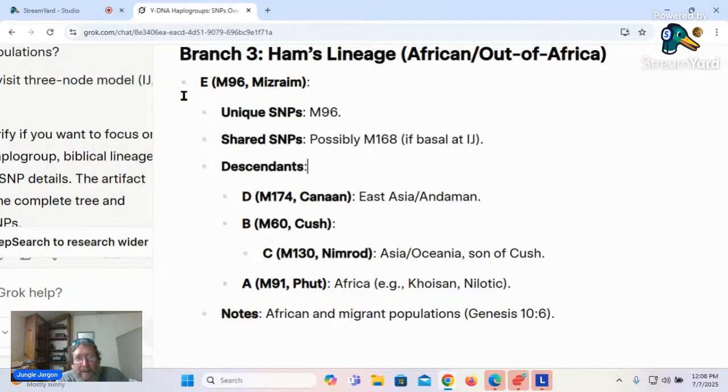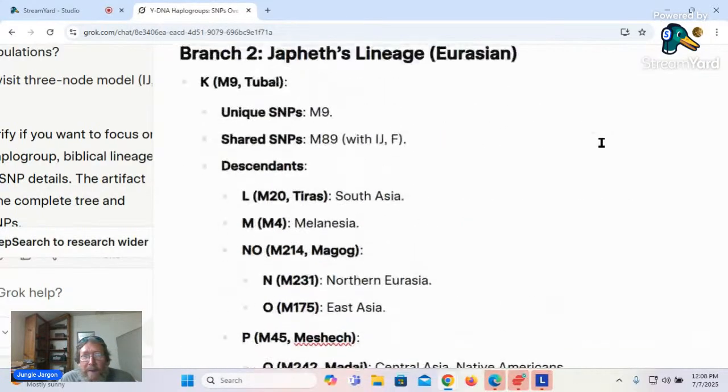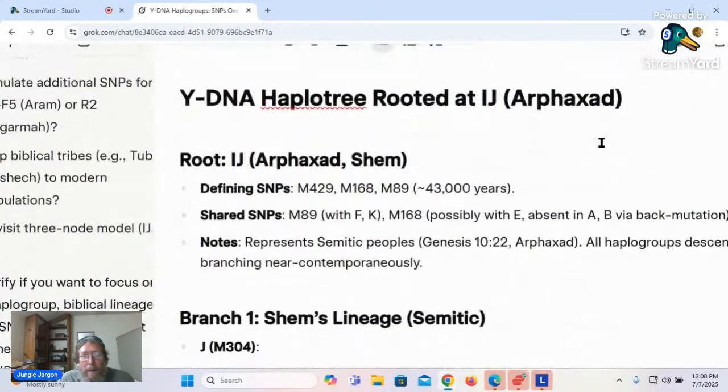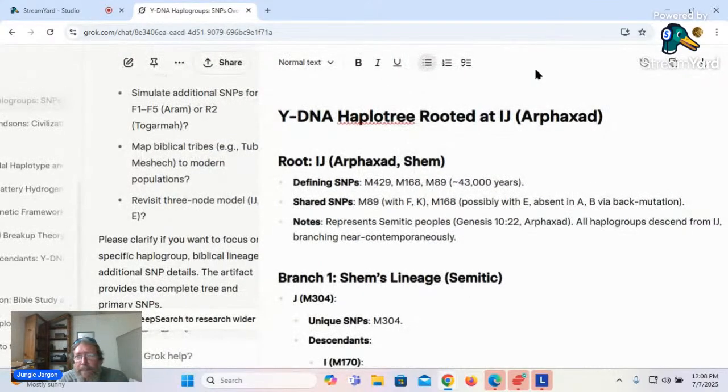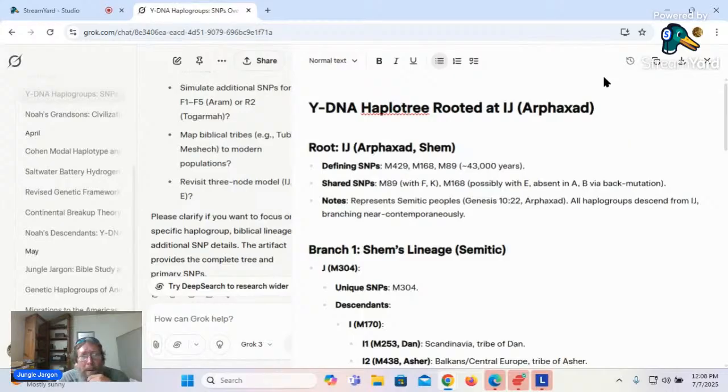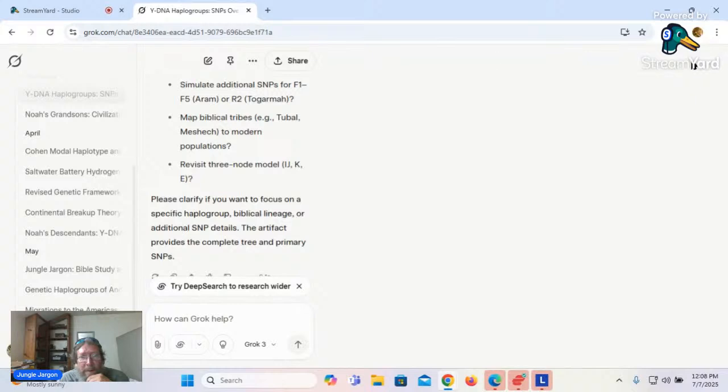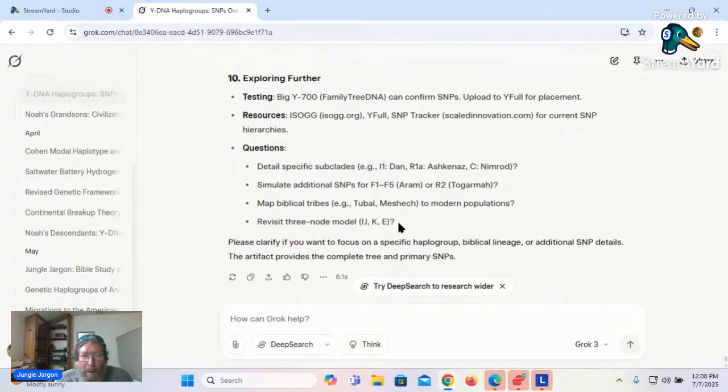Now I got to explain that Mitzrayim, Canaan, Cush, and Put are all brothers. Oh, well. Otherwise, I can't use the graph. I don't know if I want to save this yet or not. I don't think I want to save it yet. Because he's got the brothers of Mitzrayim under Mitzrayim.